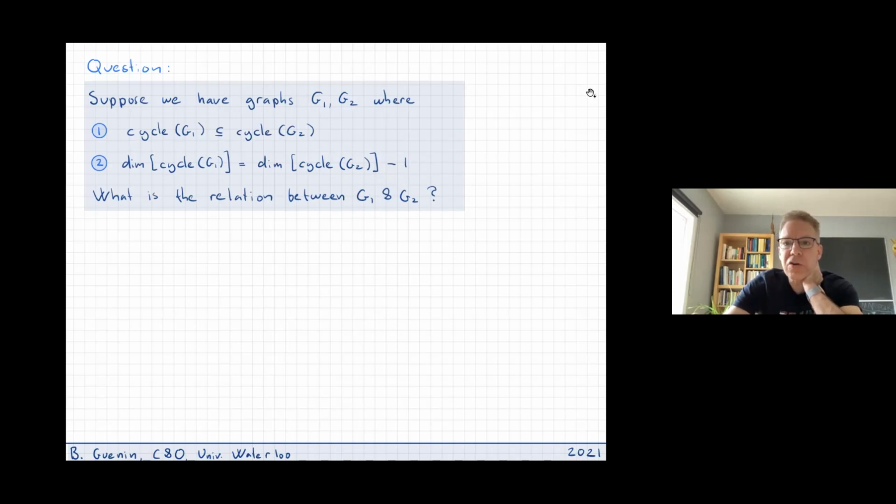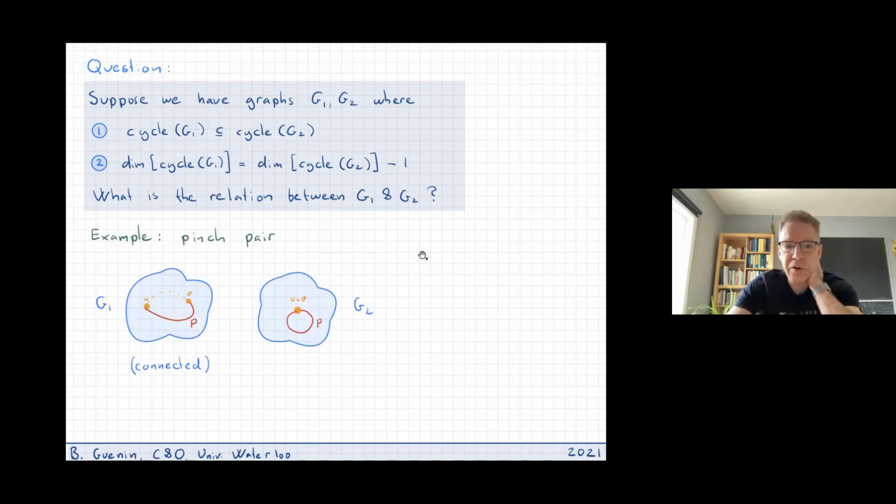So let's try to look at some example, right? So if I ask you to build up an example, you'd probably come up with the following construction. So you start with a graph G1, say a connected graph, and then you pick an arbitrary pair of vertices, say U and V. And then you're just going to identify those two vertices here, right?